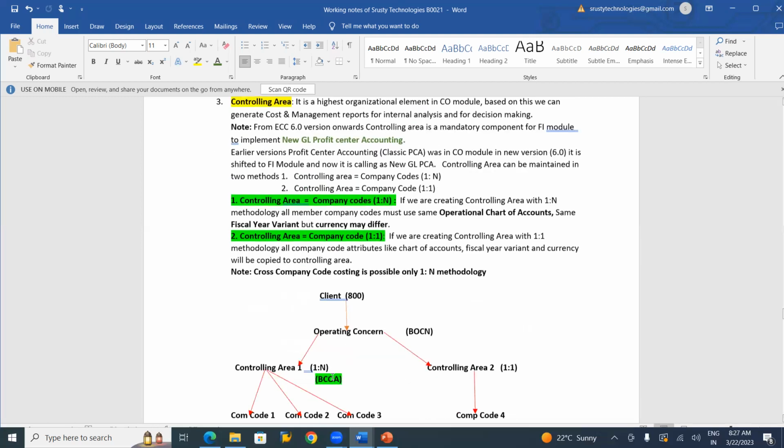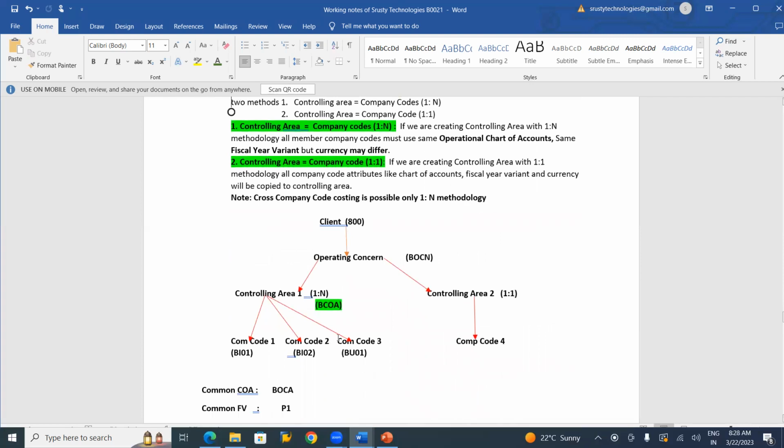So here, I said that as the 1:n methodology, how it looks like. See here, I have taken the 1:n methodology. You can take it as client 800. This is the operating concern.